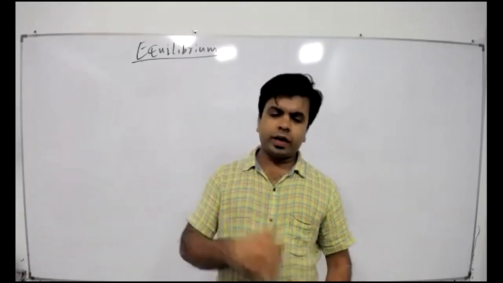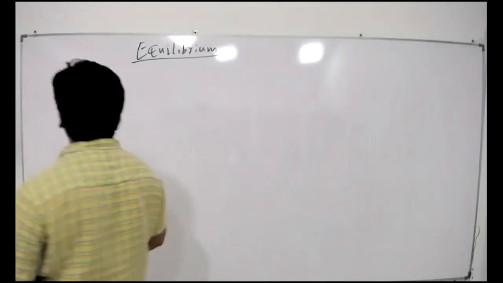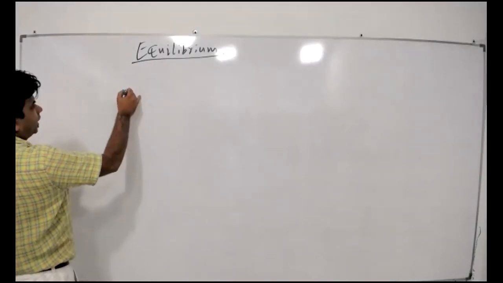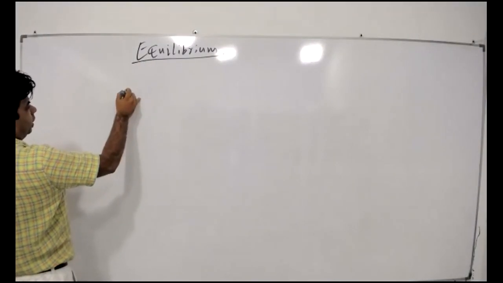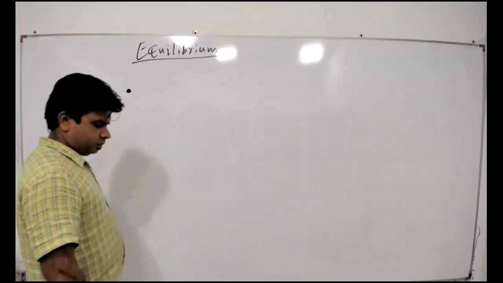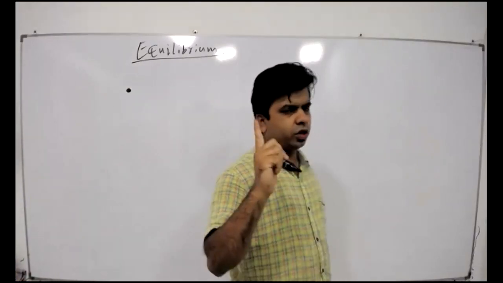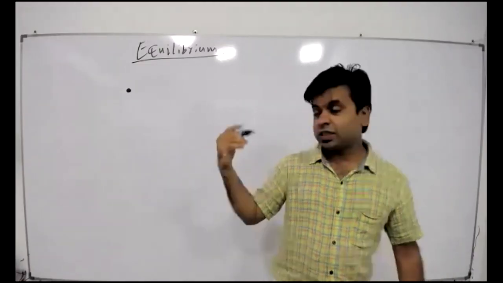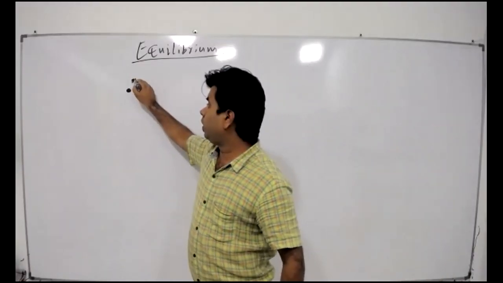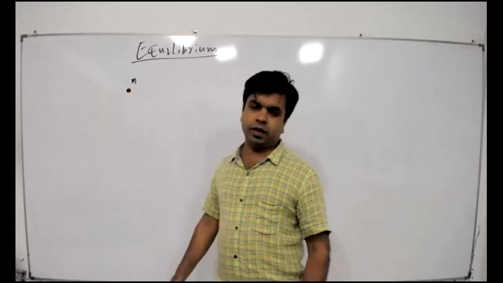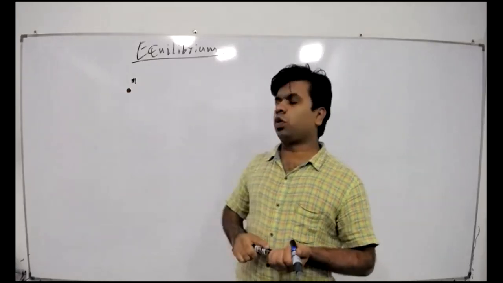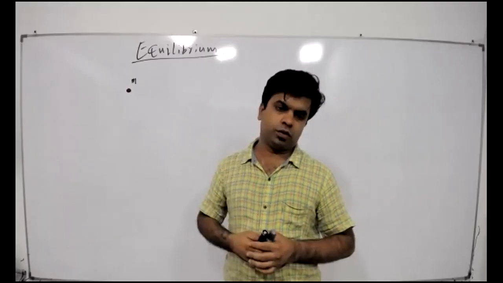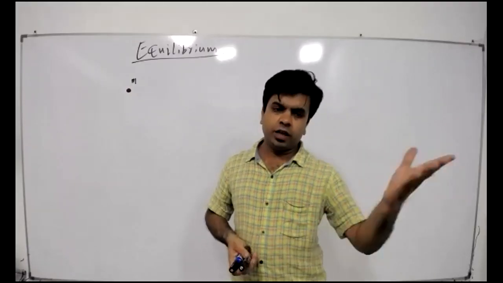Now you know that if you take a particle, we can consider equilibrium of a particle first under the action of a, I can't say single force, because if there's a force on this particle, if there's a single force, there's definitely a resultant.